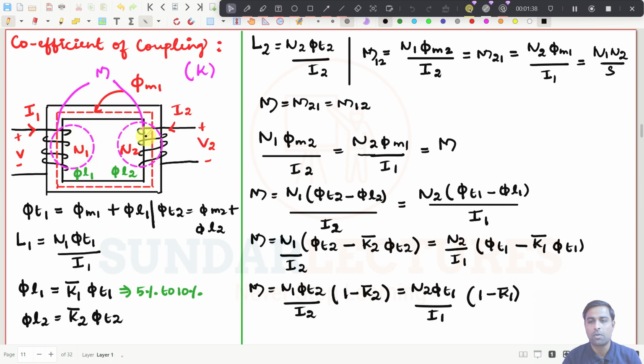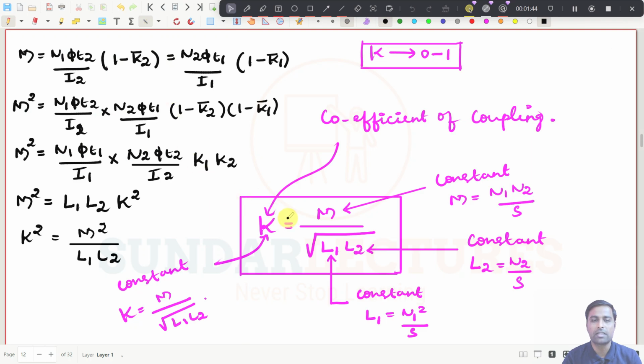We need to know how much flux has linked from coil 2 to coil 1. The value of K is the mutual inductance divided by the root of the self inductance of coil 1 multiplied by the self inductance of coil 2.